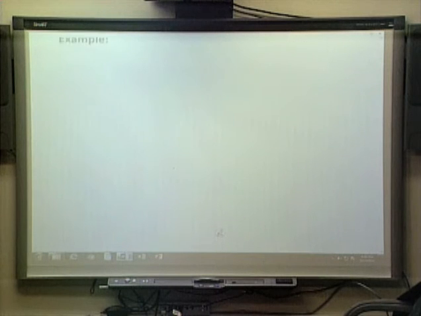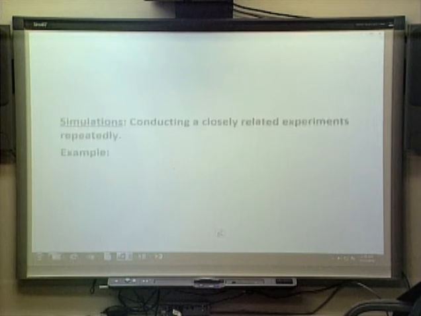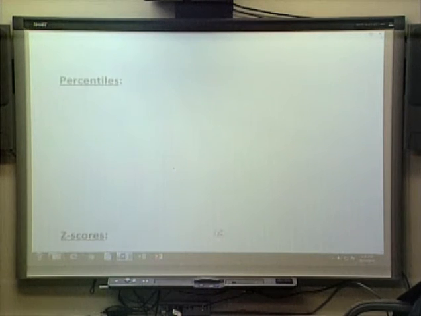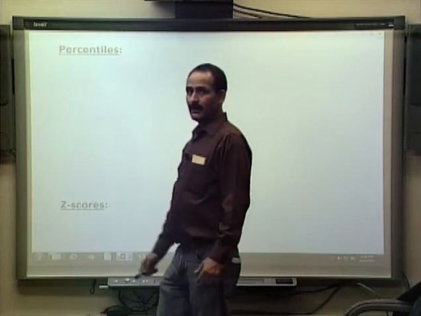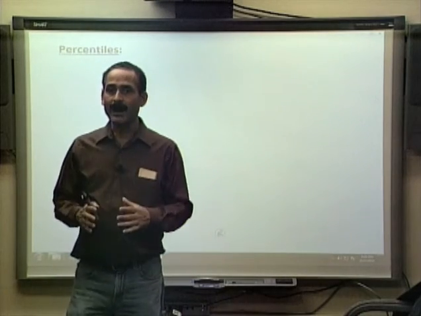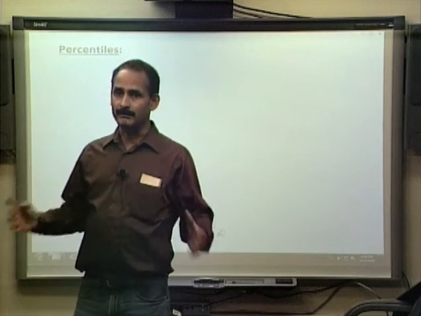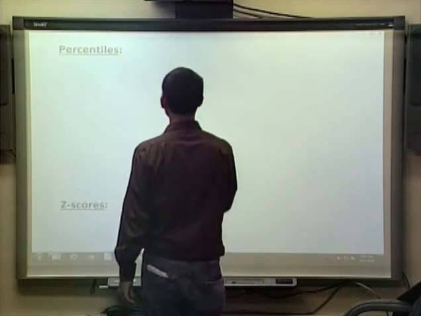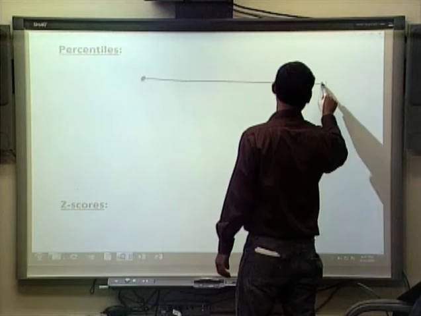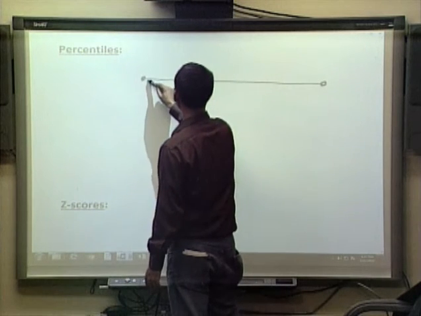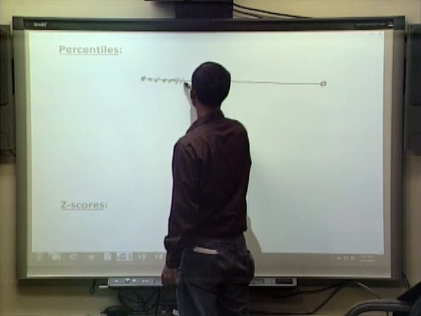Well, other statistical quantities of interest are called percentiles. Percentiles divide the data into 100 parts. So let us say this is our smallest observation, and this is our largest observation, and there are a bunch of observations here.